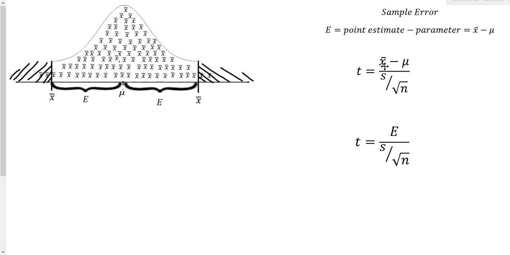That means that we can replace x bar minus mu in this formula with e, the sample error, the margin of error. And if we wanted to solve for e, we could just multiply both sides of this equation by s over the square root of n, and that would give me e equals t times s over the square root of n. So this is how I'm going to calculate my margin of error, okay?